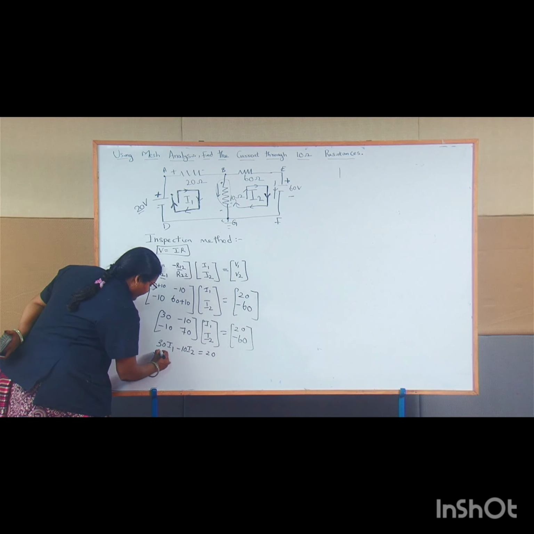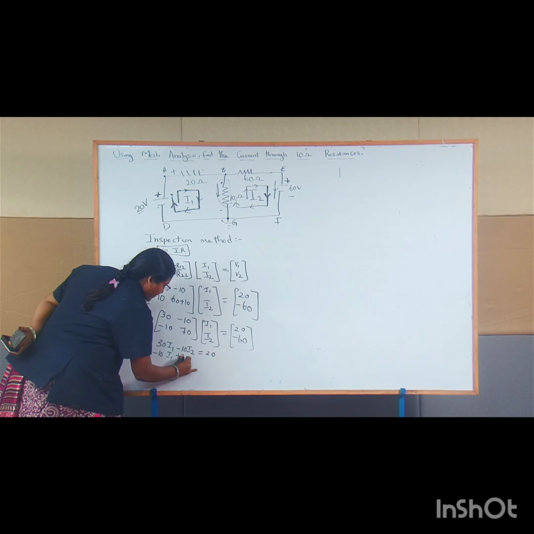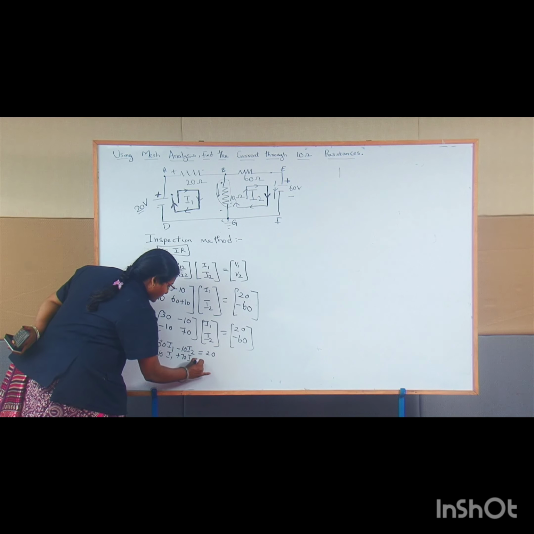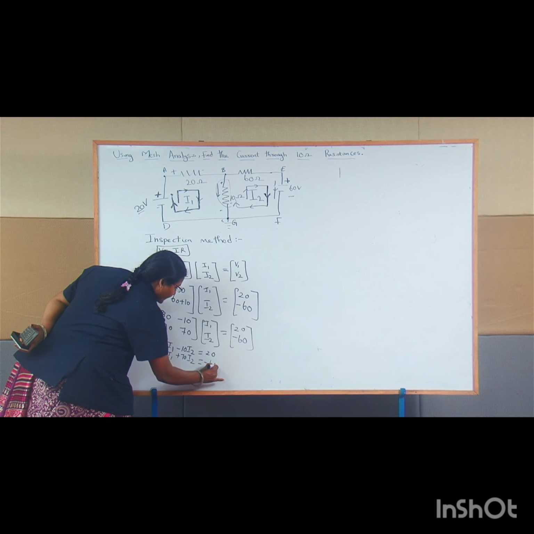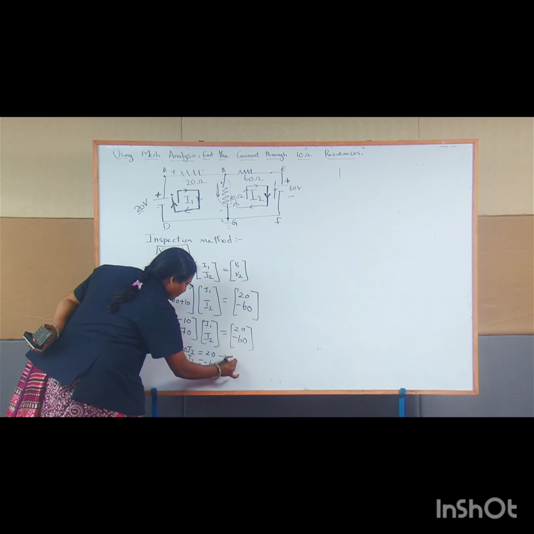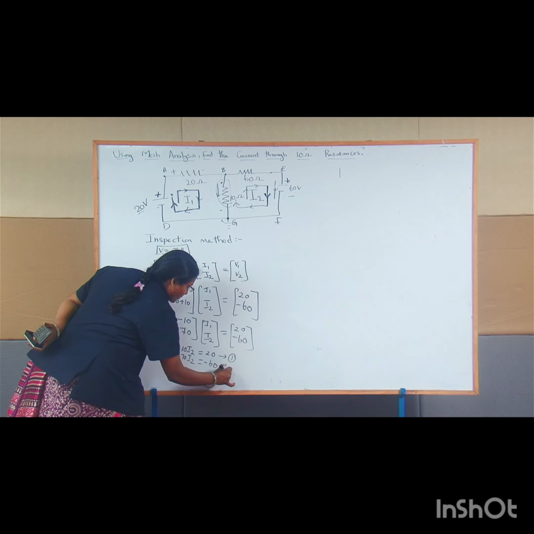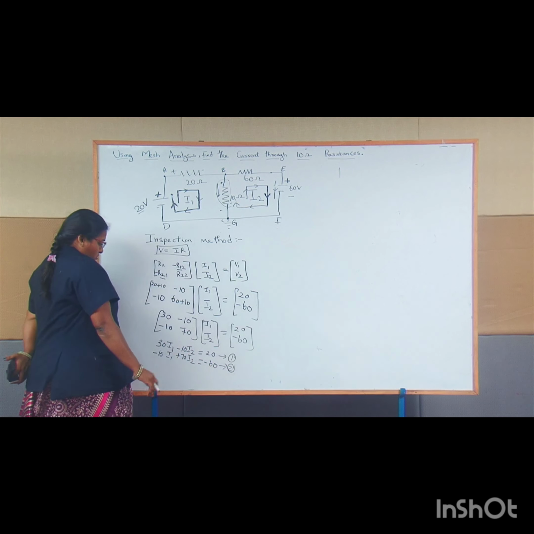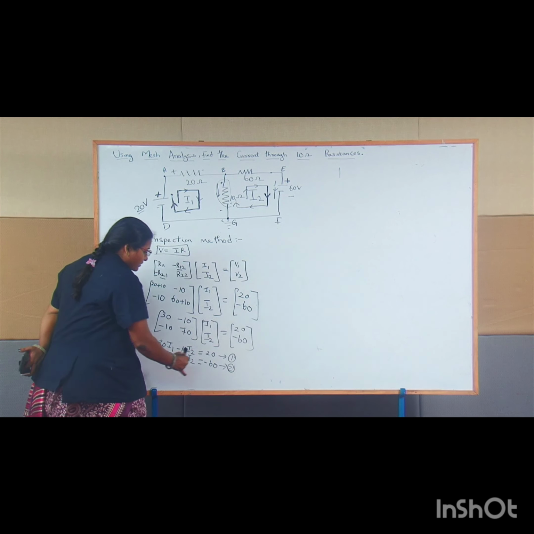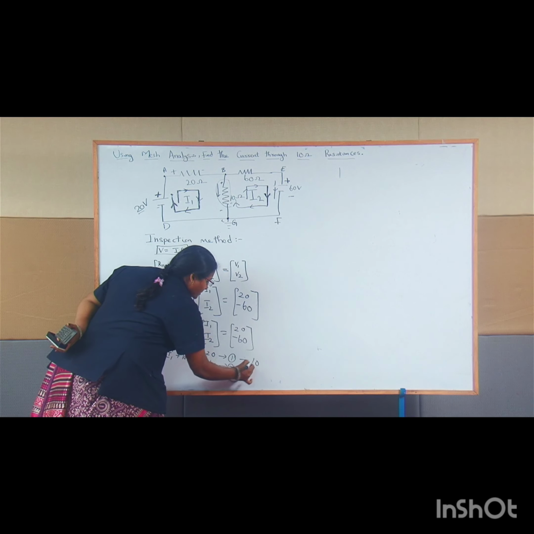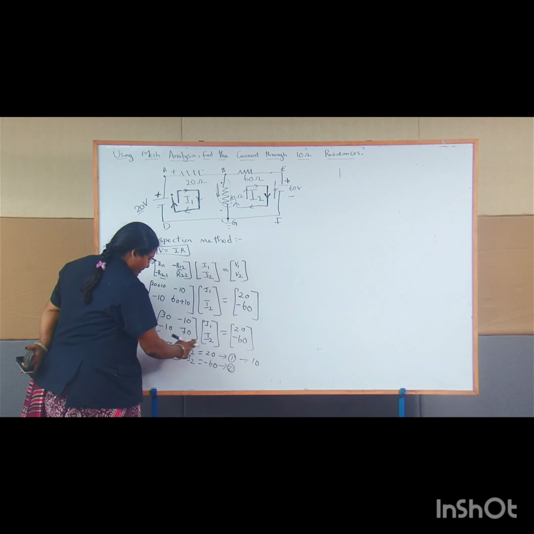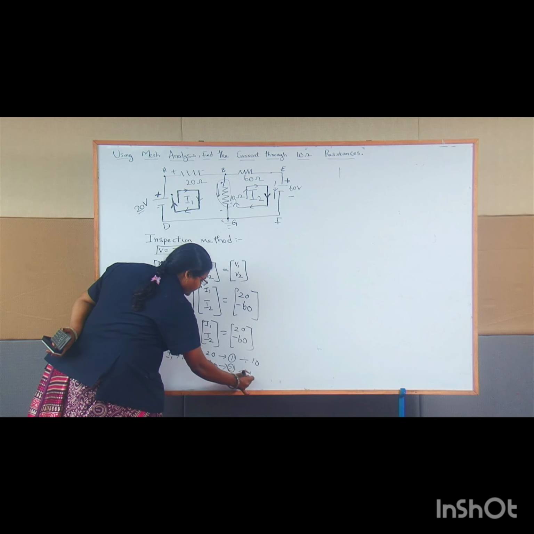Then minus 10 I1 plus 70 I2 equal to minus 60. This is equation 1, this is equation 2. I am going to divide by 10 because all the numbers are divisible by 10.